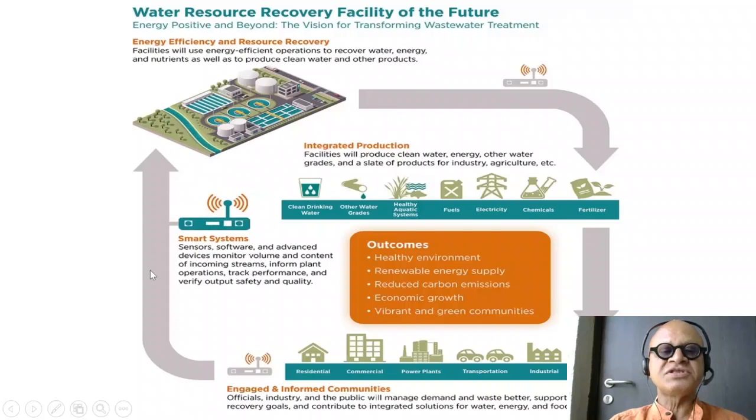So there are smart systems communicating with sensors, software, and advanced devices that monitor volume and content of incoming streams, inform plant operations, track performance, and verify output safety and quality. Okay, the outcomes, of course, are a healthy environment, renewable energy supply, reduced carbon emissions, economic growth, and vibrant and greener communities.